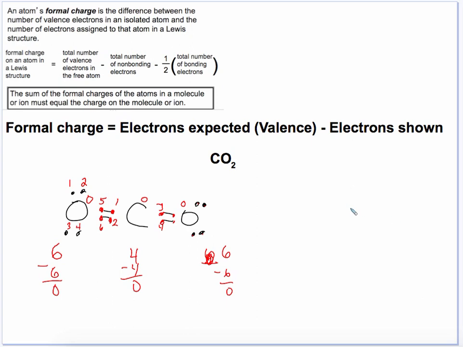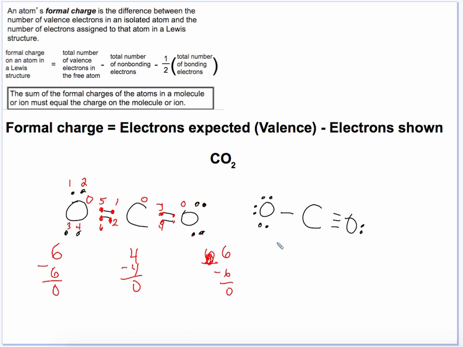Now, let's say, for example, somebody drew carbon dioxide like this. It would work; you could get a Lewis structure where everything follows the octet rule, and I've seen people do it before. Let's say you were doing the formal charge on this carbon dioxide.